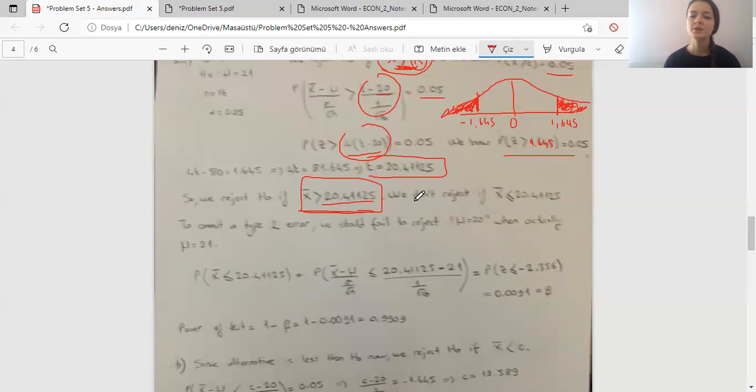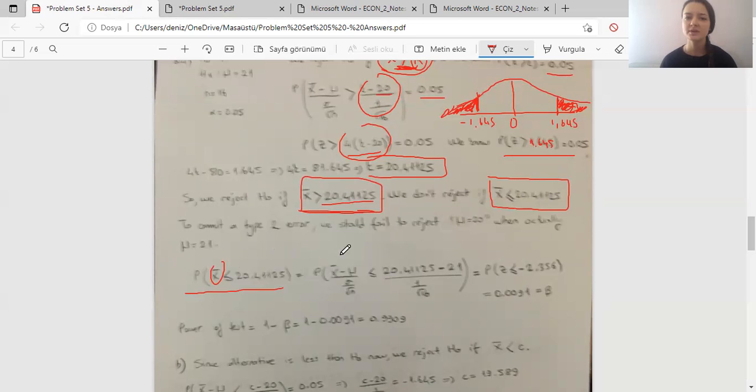So we only need to find the probability that X bar is less than or equal to 20.41. In order to find this probability, what are we going to do? We are just going to normalize this inequality. Instead of X bar, we are turning this into a Z. So we are just subtracting the mean and dividing by the standard deviation of the sample mean.